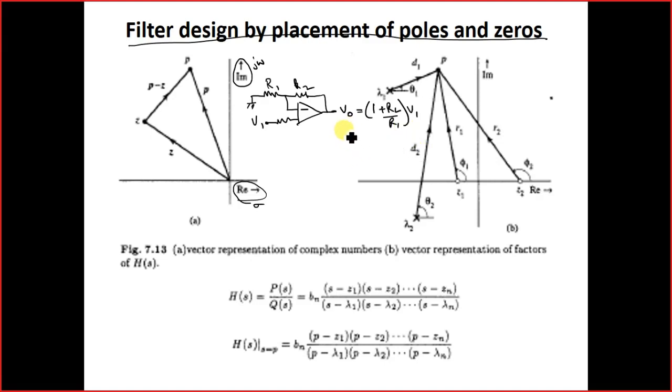Now if I just rearrange this equation, I get V0 by V1, and if I name this component as gain A, then this function is called the transfer function. Over here we are having all resistances, so everything are real components, hence we have got A.